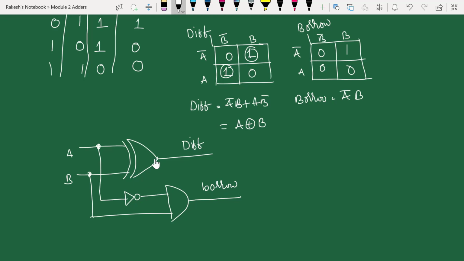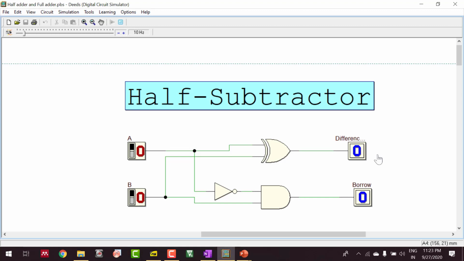So this is your circuit. This is A XOR B and this is A bar B. Now I'm going to show you the simulation of this half subtractor in a moment. This is the half subtractor which I did in the DIT software. I'm going to simulate and show you. When A is 0, B is 0, 0 minus 0 will be difference 0 and borrow 0.